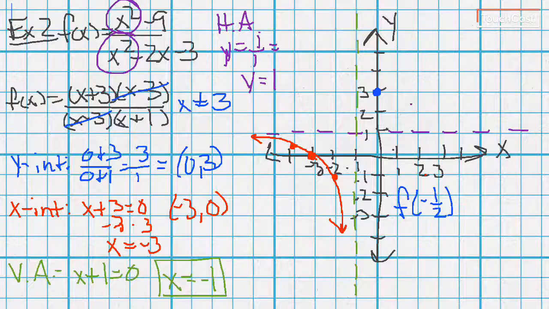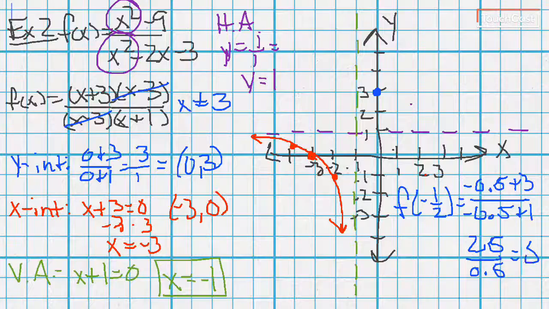So I'm just going to write -0.5 plus 3 over -0.5 plus 1. And what's that going to give me? It's going to give me 2.5 over 0.5, which if we plug that into a calculator, it's going to give us 5. And we don't even need a calculator to figure that out, but you go ahead, use one, it's fine. So at x equals -1/2, our y is going to be 5.